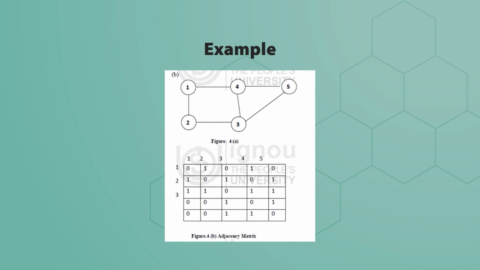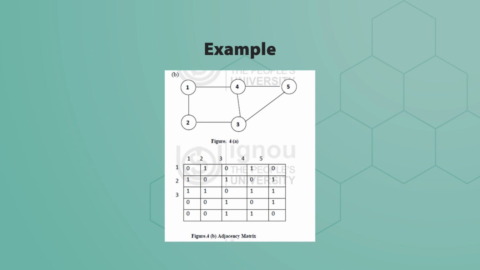So 2 to 3 there is an edge, so you can place 1. 2 to 4 there is no edge, so it is 0. 2 to 5 there is an edge, so you can place 1. Similarly, for 3, 3 to 1 there is no edge, so place 0. 3 to 2 there is an edge, so place 1. 3 to 4 there is an edge, so place 1. 3 to 5 there is also an edge, so write 1.